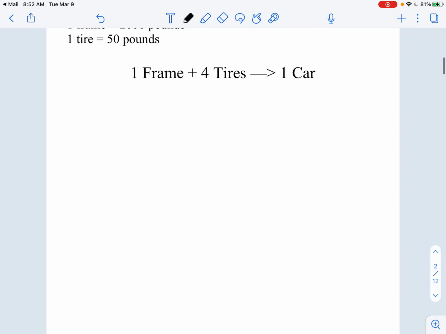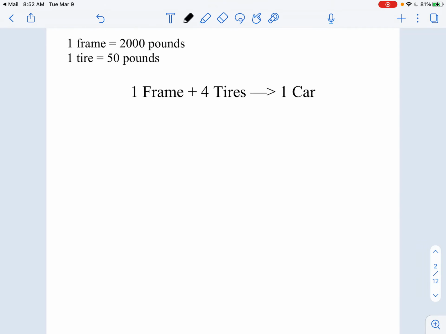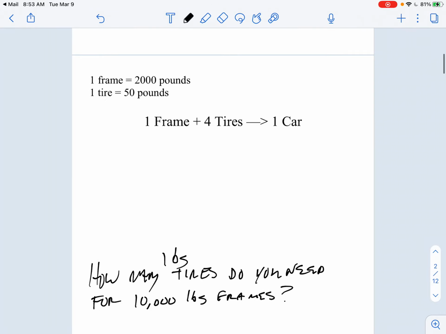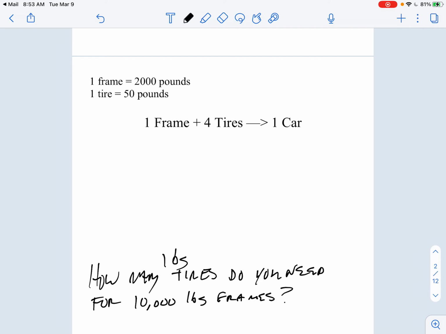So for example, what if I were to ask you, how many pounds of tires do you need for 10,000 pounds of frames?